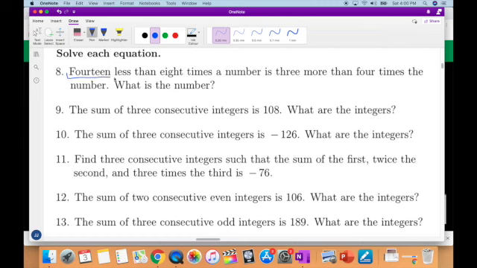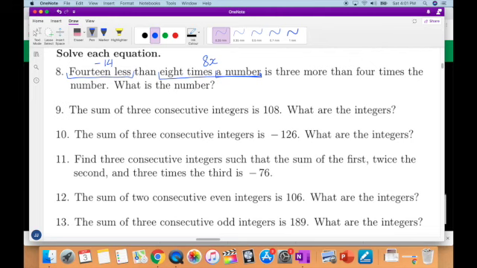14 less. So 14 less automatically tells me that I'm subtracting 14. So 14 is being subtracted. 14 less than 8 times a number. So 8 times a number. We don't know what the number is. The number is unknown.